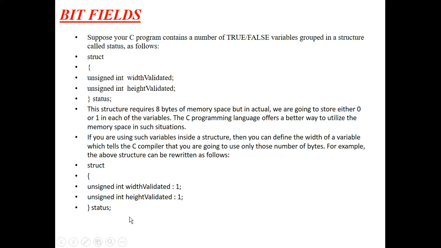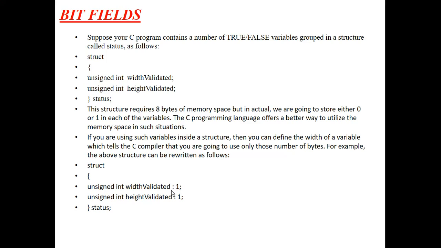So let's understand this example, which is rewritten here. Using the same structure, the change here is that I am assigning values. These values are called flag values. Flag means either true or false.